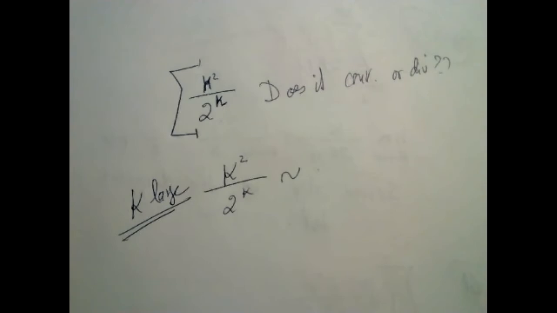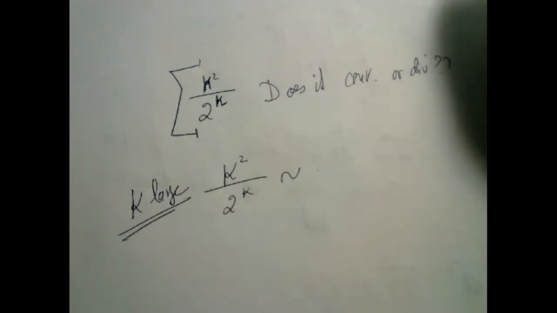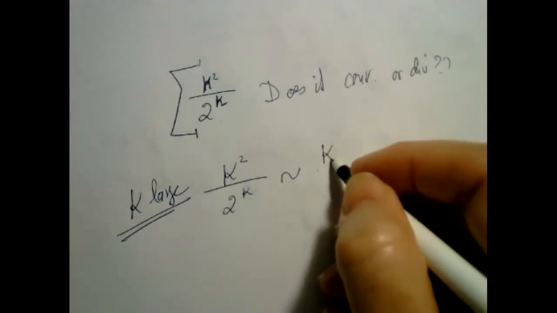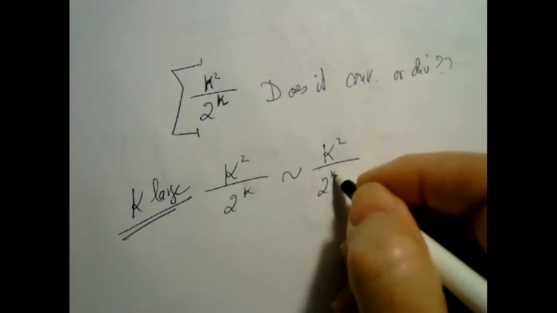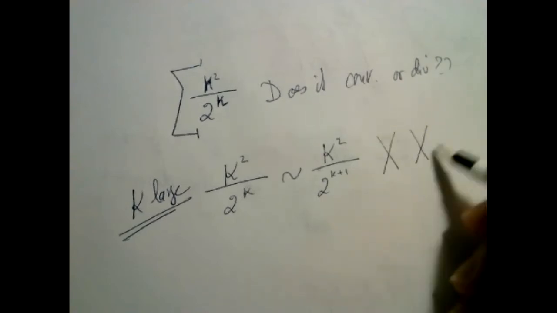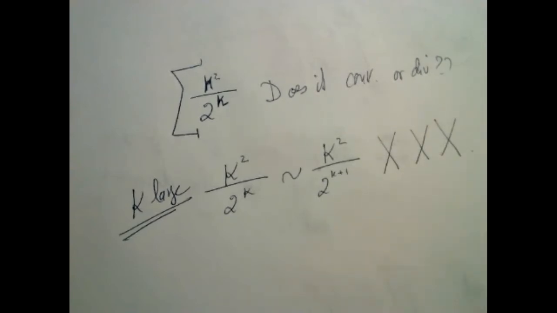Could you do k squared over 2 to the k plus 1? But what's the benefit? We usually compare with something whose behavior we know, meaning either a p-series, 1 over k to the p, or a geometric series, r to the k. So even if I do that, what's the benefit? Nothing. Exactly. There is nothing I can compare with. So the comparison test in this case gets me nowhere.